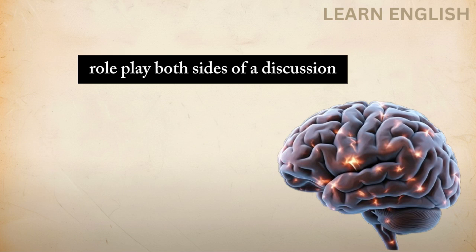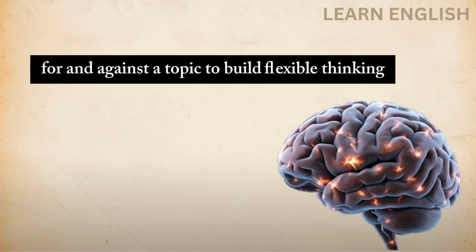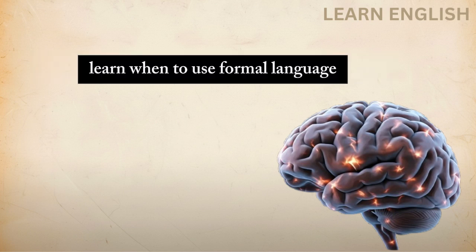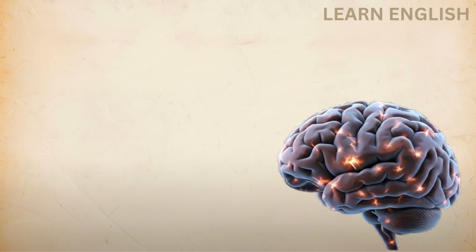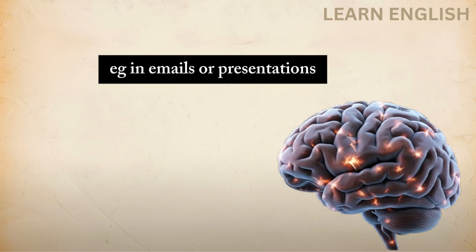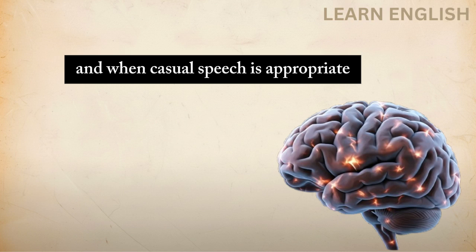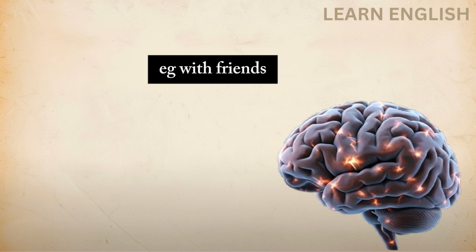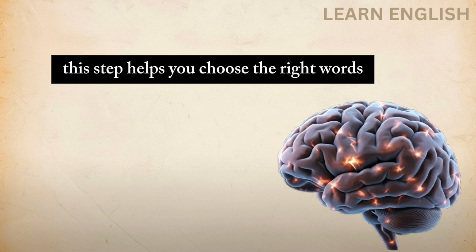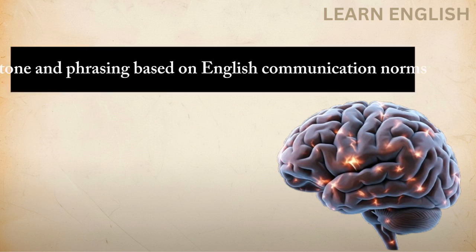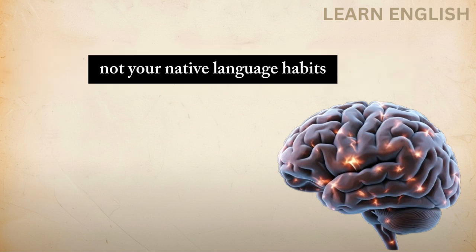Role-play both sides of a discussion, for and against a topic, to build flexible thinking. Learn when to use formal language, e.g., in emails or presentations, and when casual speech is appropriate, e.g., with friends. This step helps you choose the right words, tone, and phrasing based on English communication norms, not your native language habits.